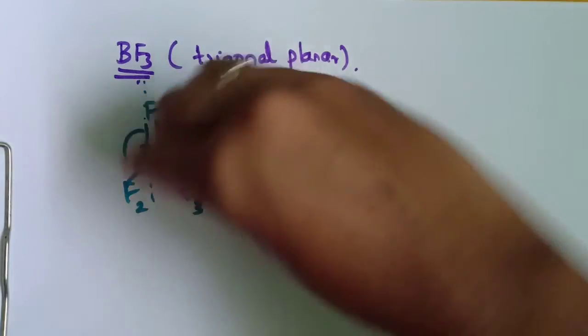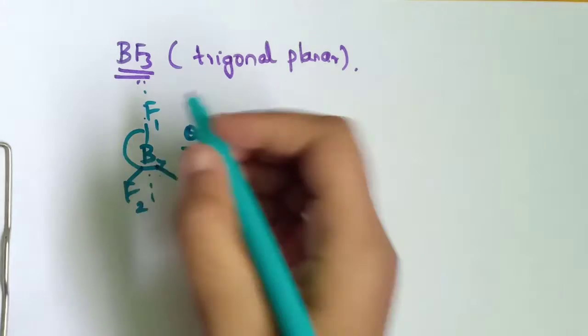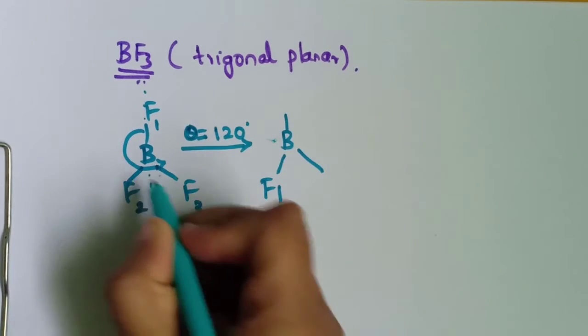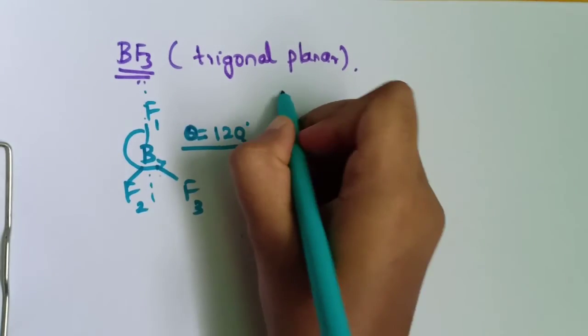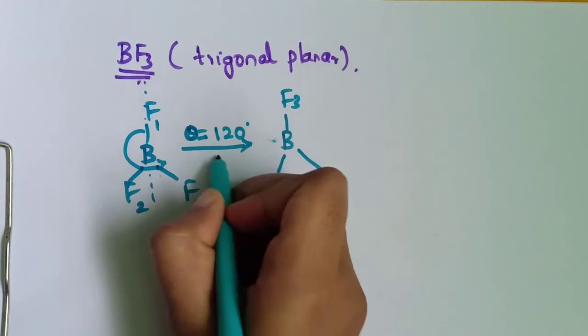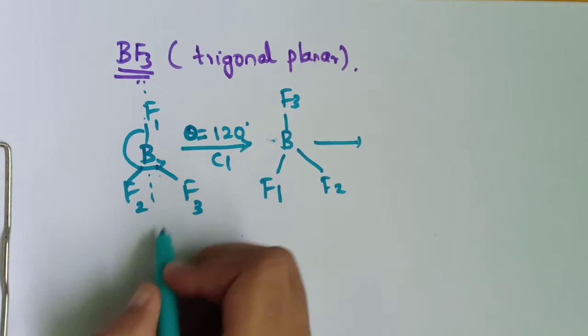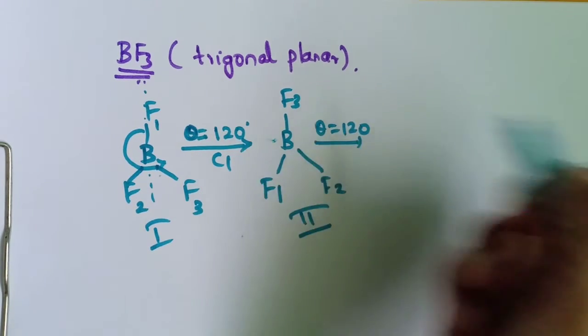If you rotate, F1 will come to this side, F2 will come to this side, and F3 will go to the upper side. The first rotation operation is done. We have got an equivalent configuration, that is 1, 2. With theta equal to 120 degrees, rotate it again.